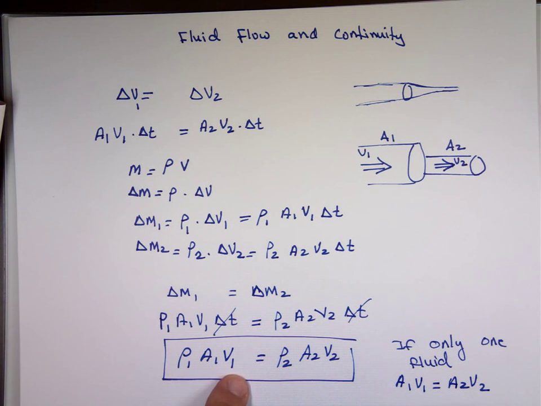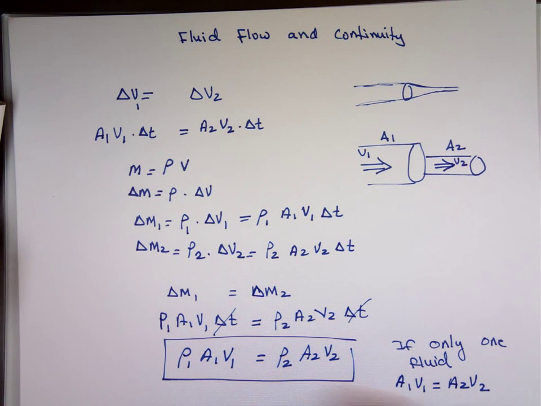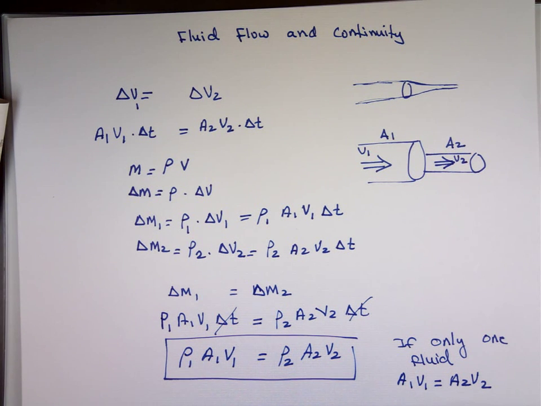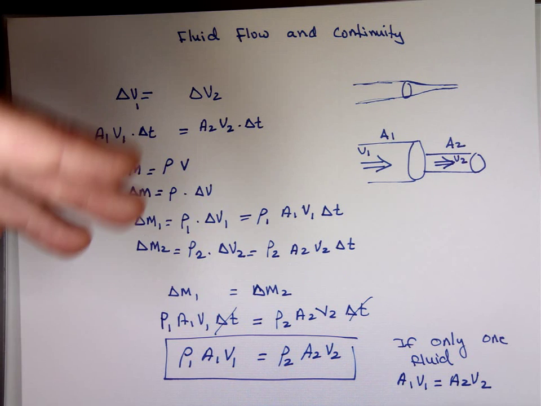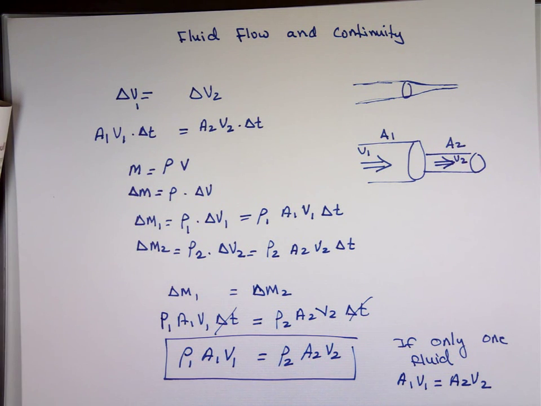This is really the equation of continuity. If everything is water, or everything is oil, the same fluid, then rho 1 will equal rho 2 and you end up with that equation. Usually when you attach your hose to the faucet, there's only water going through it. For a few seconds, there's water and air. The hose is empty, right? It has air in it, and the water coming pushes the air out, so rho 1 and rho 2 will be different. But once that water fills the hose, you only have water in it, rho 1 equals rho 2, and this becomes that equation.